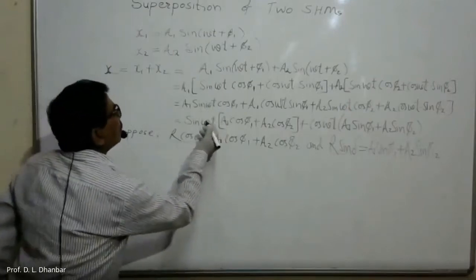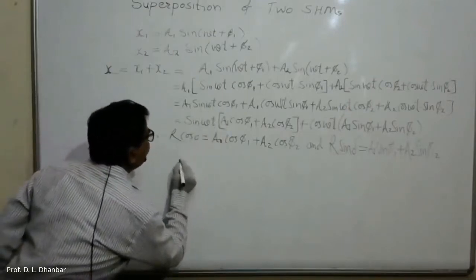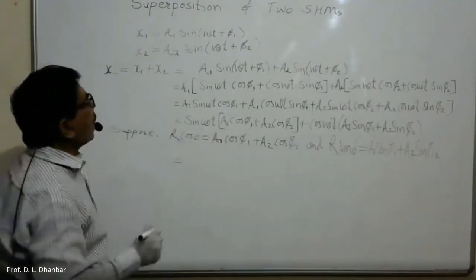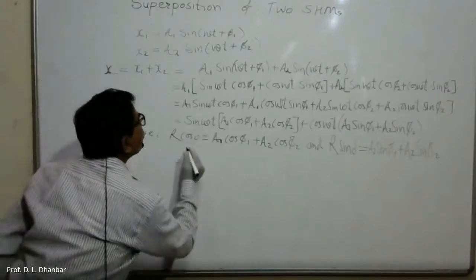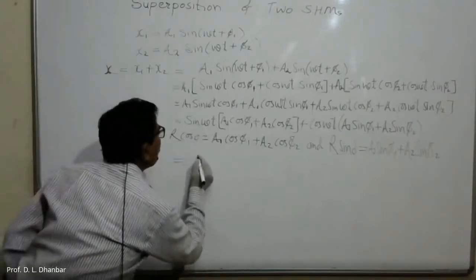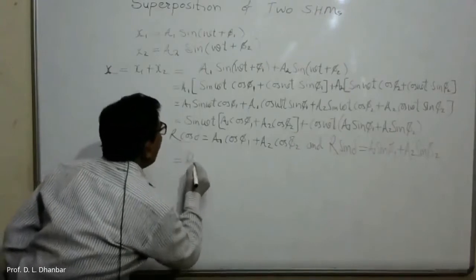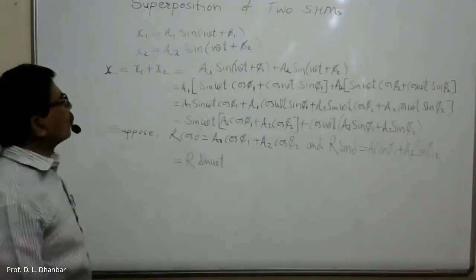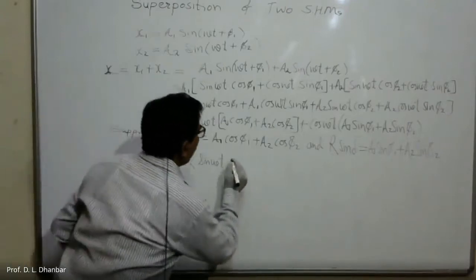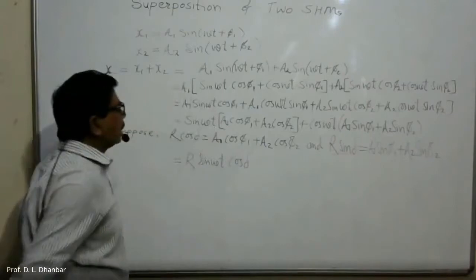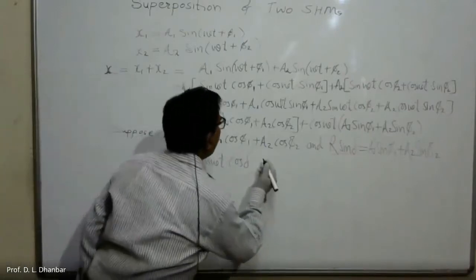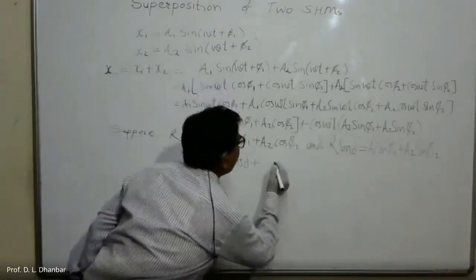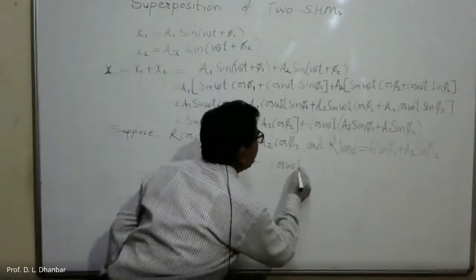So this equation takes the form: here, instead of this bracket I will substitute r cos delta. So sin omega t, r into sin omega t into cos delta, plus this cos omega t, keep it as it is, cos of omega t.